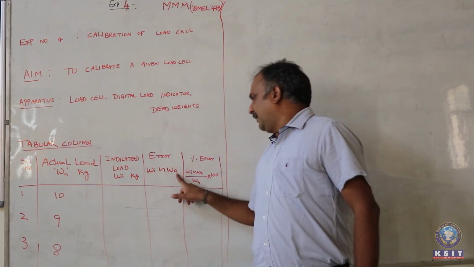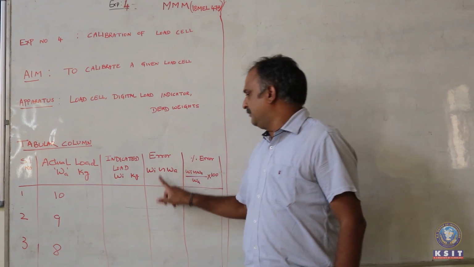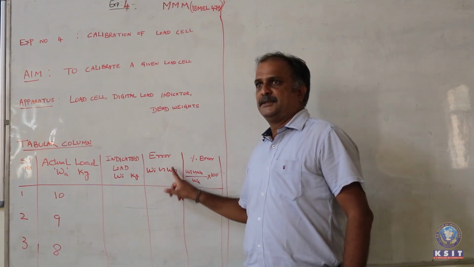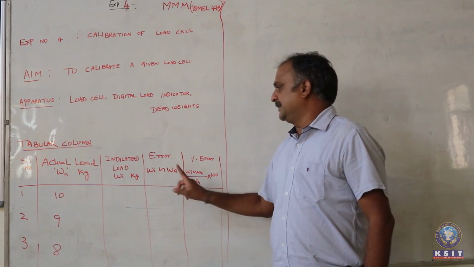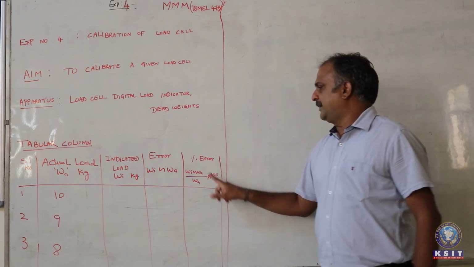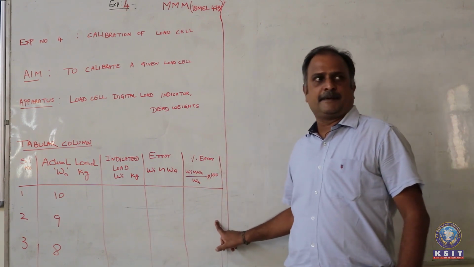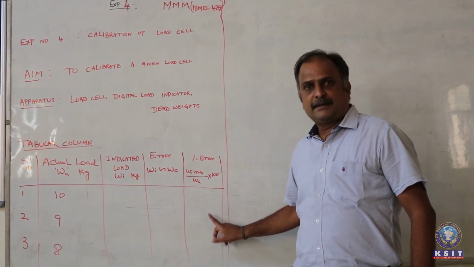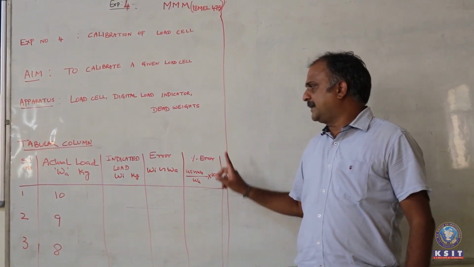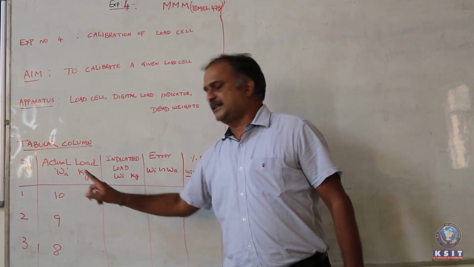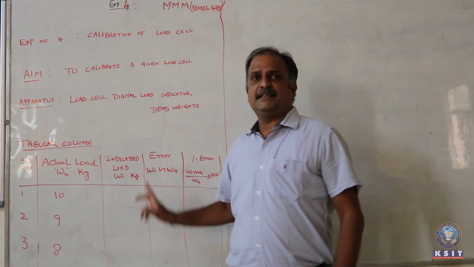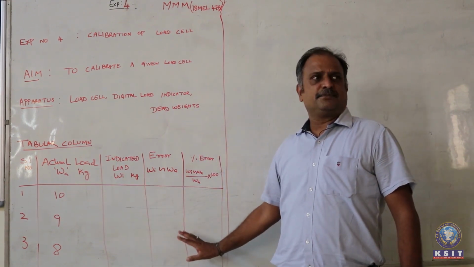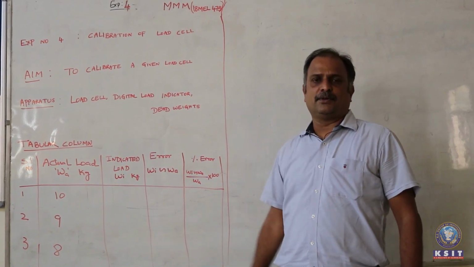It may be bigger or smaller, but we will write the positive value because we are taking the difference. Then we calculate the percentage of error. We plot the graph of error versus the actual load and error versus the indicated load. In this way we calibrate the load cell.